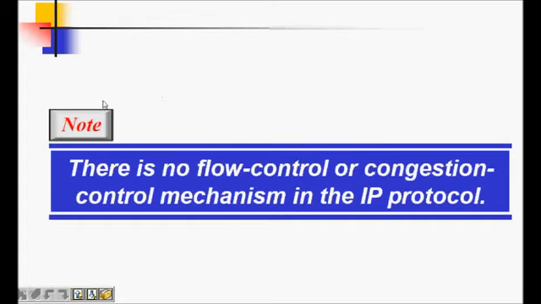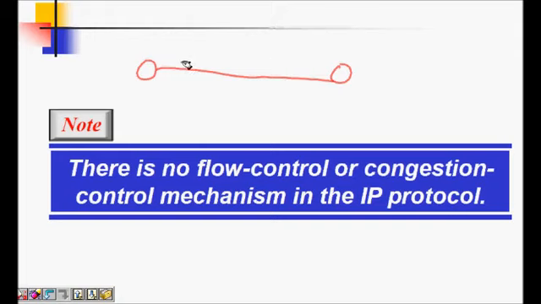Now in the internet, there is no flow control or congestion control mechanism at the network layer, the IP protocol. Your network layer is only concerned with sending the packets. I get some packets, I send those packets.